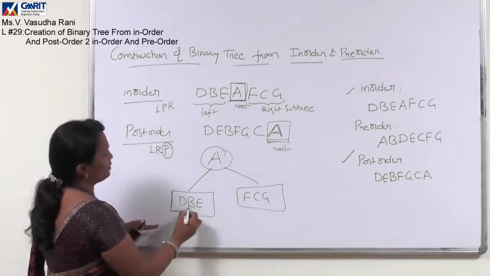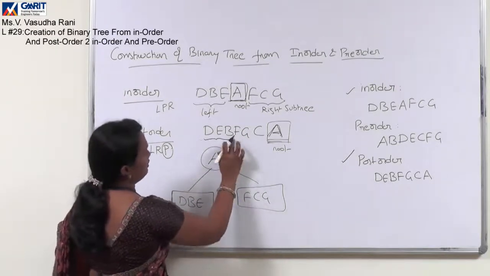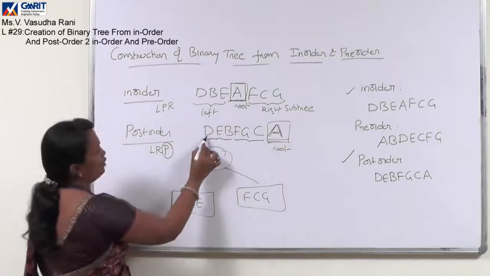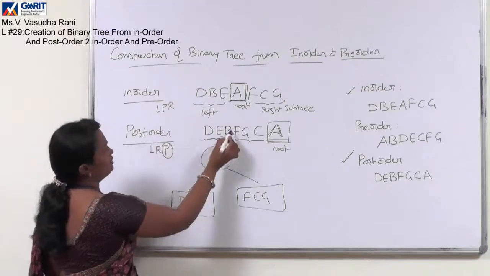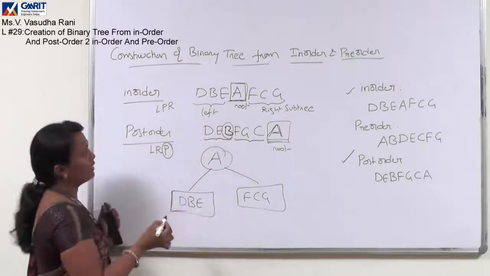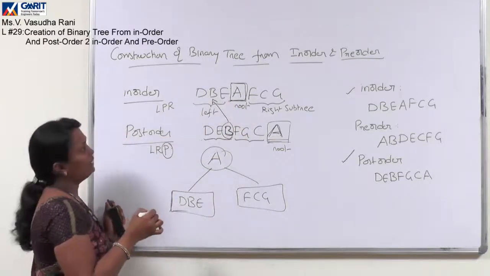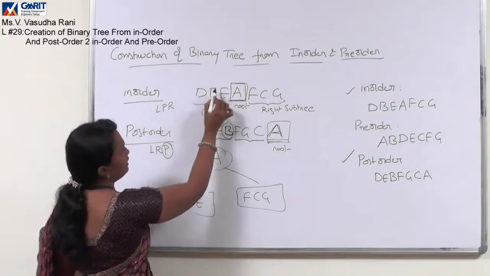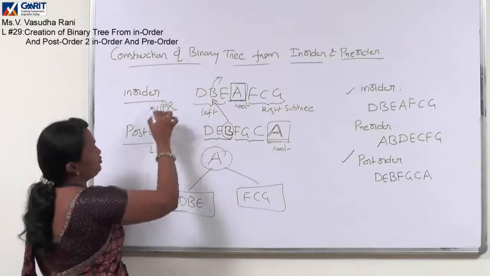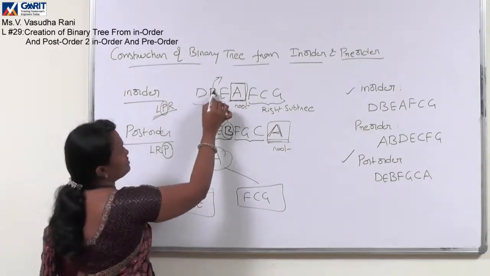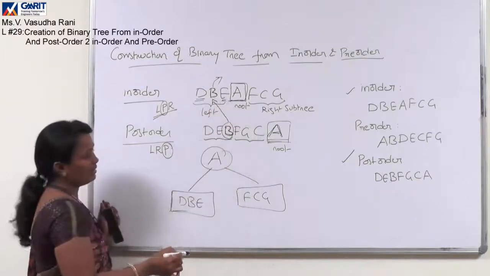Now again among the sequence D, B, E, in the post-order it is D, E, B and F, G, C. Among D, E, B we can observe that in post-order the last character will be the parent. We can verify this in the in-order as well: among D, B, E, B is in the middle, and as per the in-order strategy the parent should be in the middle. So B is identified as the parent, D is left and E is right.